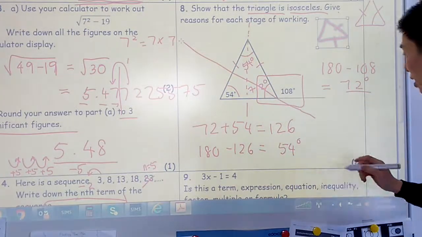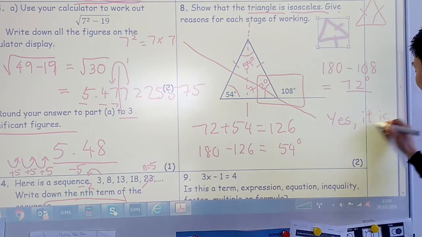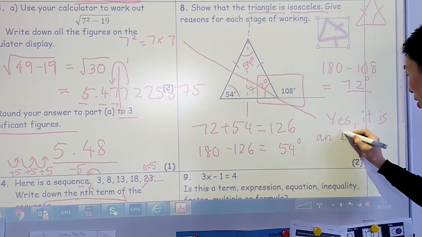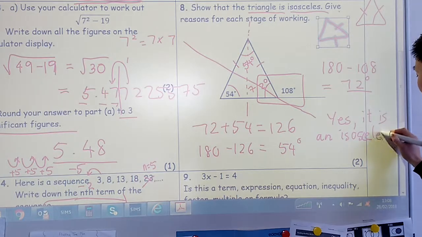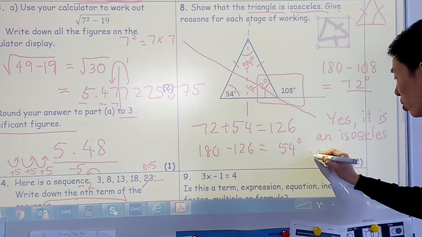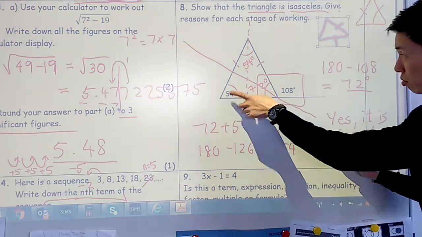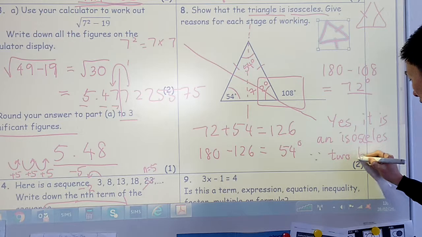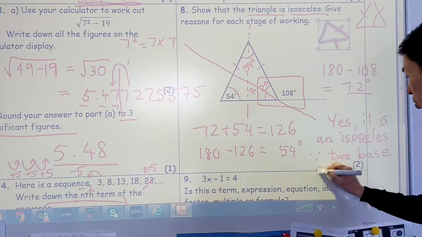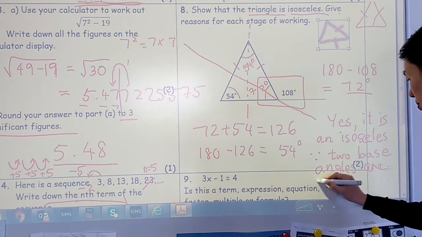So yes, it is an isosceles because, I'm going to use a symbol called because, two base angles are equal.